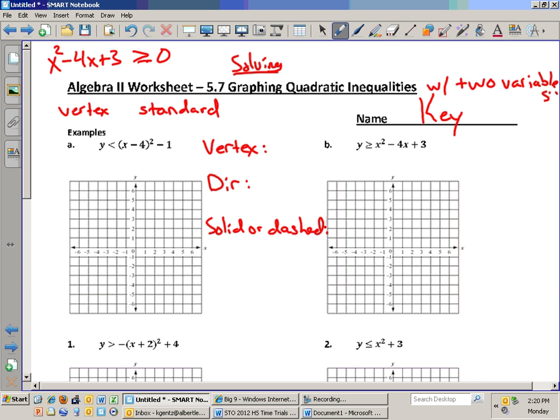Does anybody remember what the vertex is when you look at this? You're right. If you look at y equals a times x minus h quantity squared plus k, the h value is our x, and the k value is our y. So the vertex will be positive 4 and negative 1.